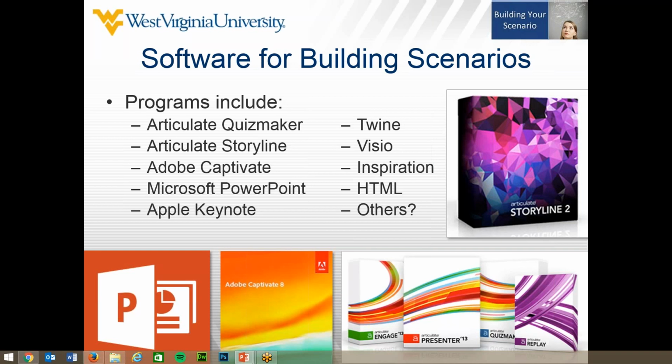One thing I like about Storyline too is that you can look at how your scenario is branching from a bird's eye view. That's nice because sometimes I'll be going through and think, this isn't going the way I thought it would. I can look at the bird's eye view and say, oh, somehow I didn't connect this branch over here, so then I can look at what I've been doing and correct it.